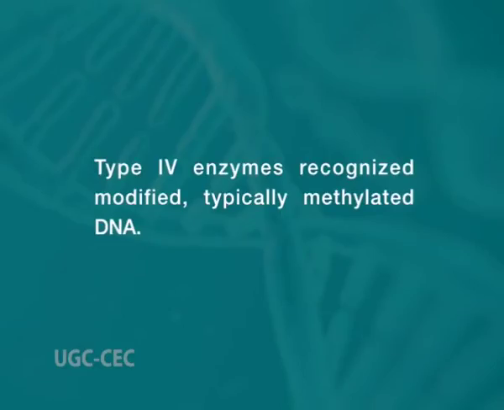Type 3 enzymes are also large combination restriction and modification enzymes. They cleave outside of their recognition sequence and require two such sequences in opposite orientation within the same DNA molecule to accomplish cleavage. They rarely give complete digests. Type 4 enzymes recognize modified, typically methylated DNA.